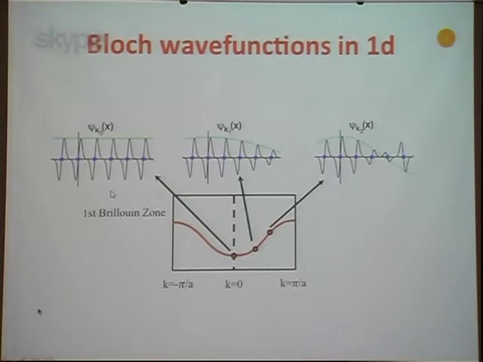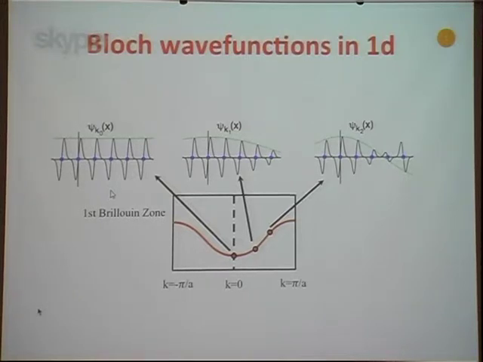And this is an example, say, for a one-dimensional crystal. Suppose that you have something like a linear chain of atoms. And now what we are looking at in red is a band structure. That is, we are looking at the eigenvalues of those eigenvectors psi_nk as a function of k.